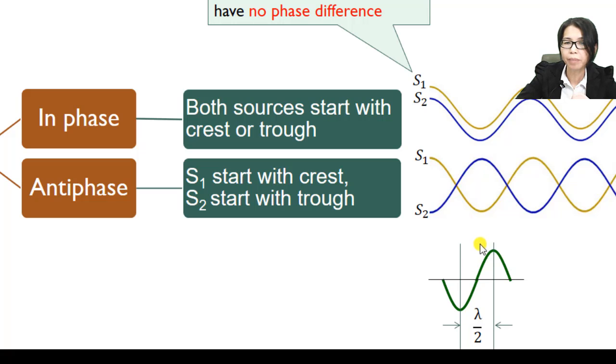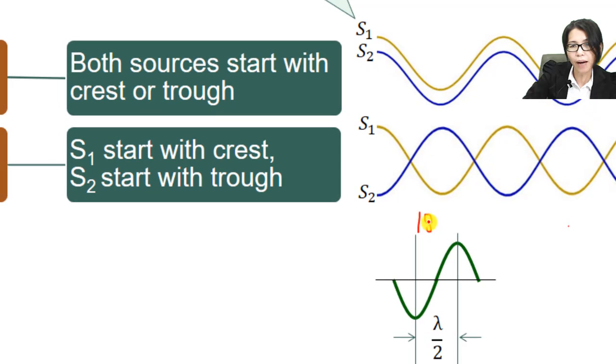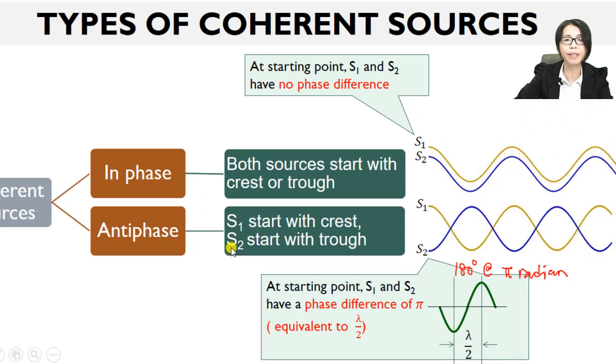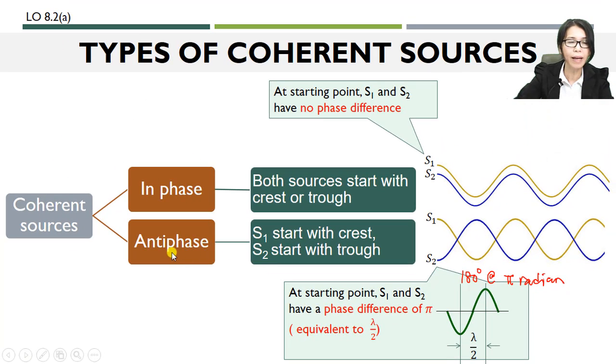I repeat, between crest and trough, there is a difference of lambda over 2, which is equivalent to 180 degrees or pi radians. So class, if our two sources have a phase difference of pi at their starting point, then we consider that an antiphase coherent source.